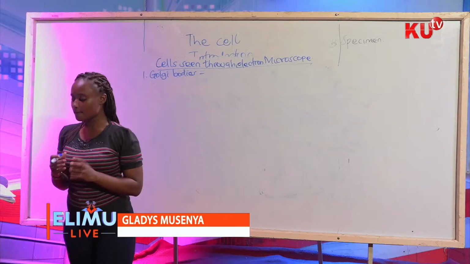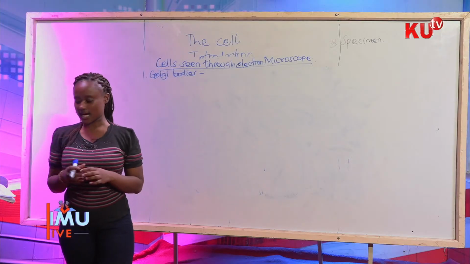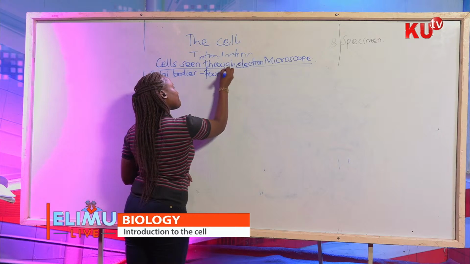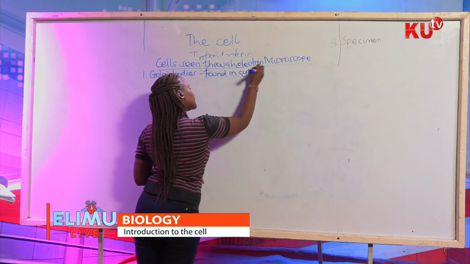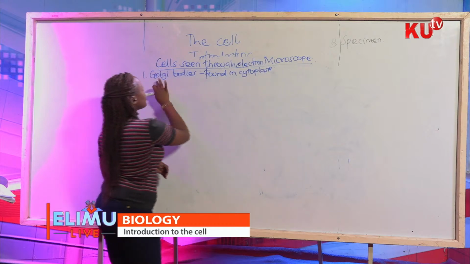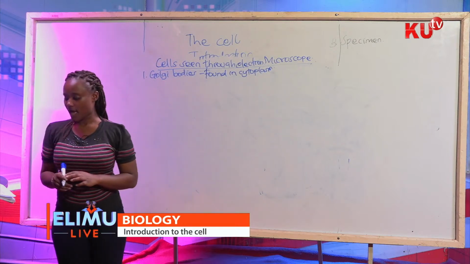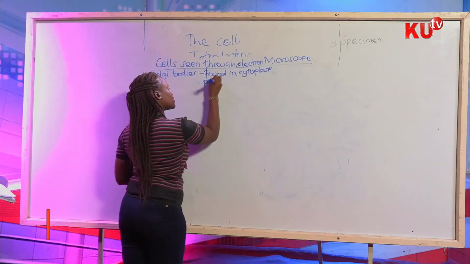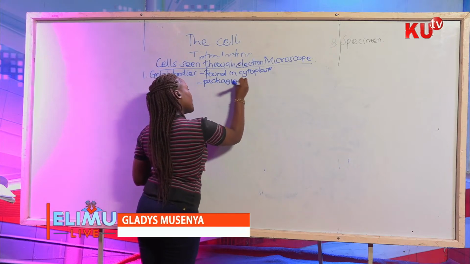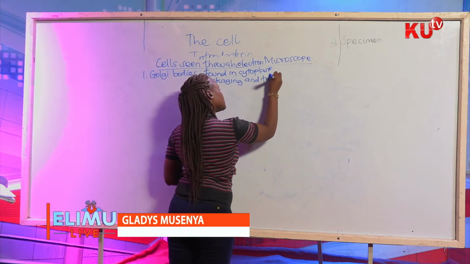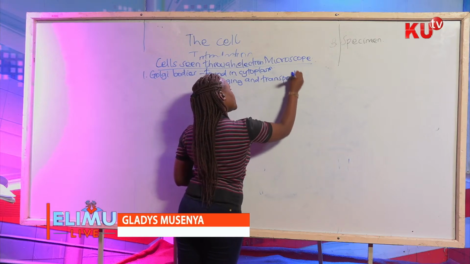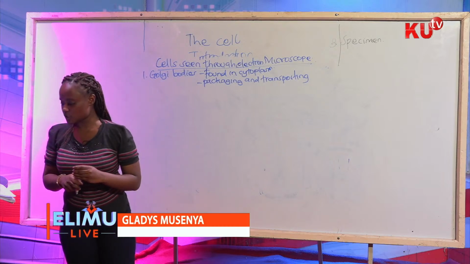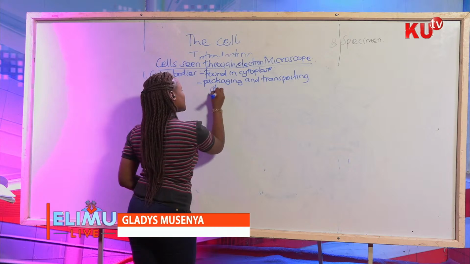The Golgi bodies are thin plate-like sacs arranged in stacks distributed in the cytoplasm. So they are found in the cytoplasm. Their function is packaging and transporting glycoproteins.